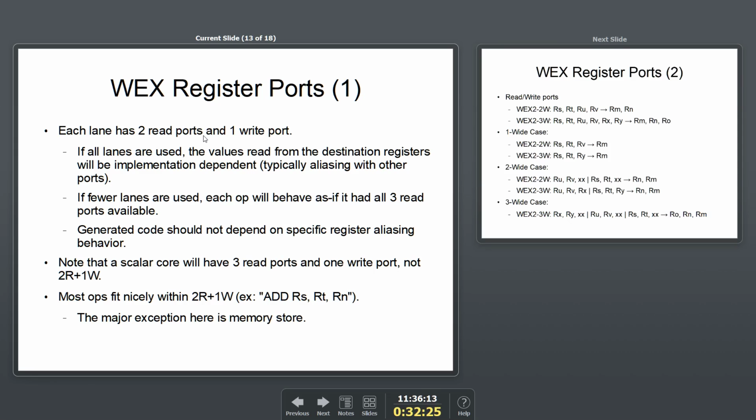In this case, we typically have to use the ports from the final lane for the prior lanes, and if we're using all the lanes, then we have a problem. This particular scheme works with both 2 and 3 lane designs, but falls on its face for 4 lanes and above.